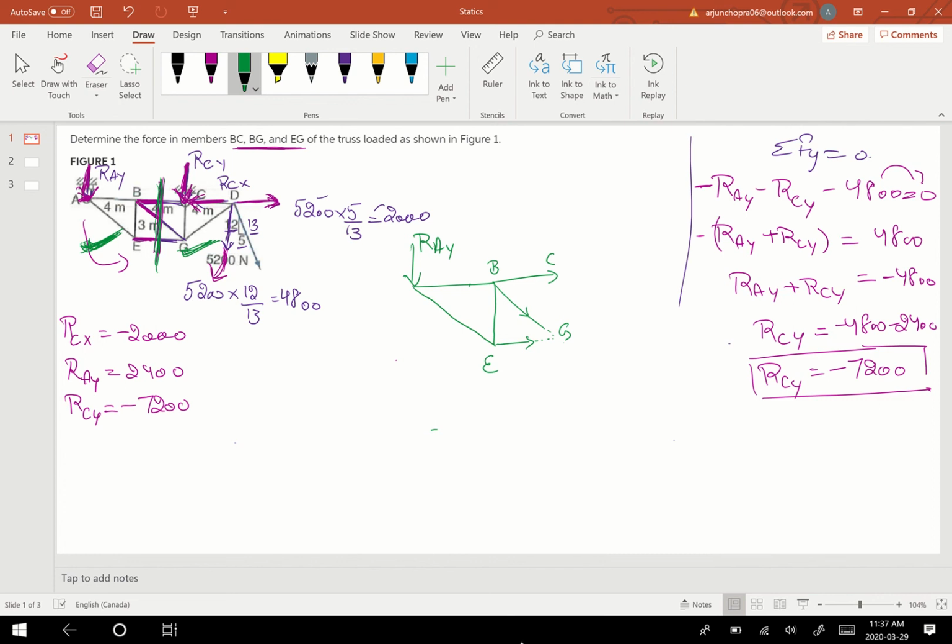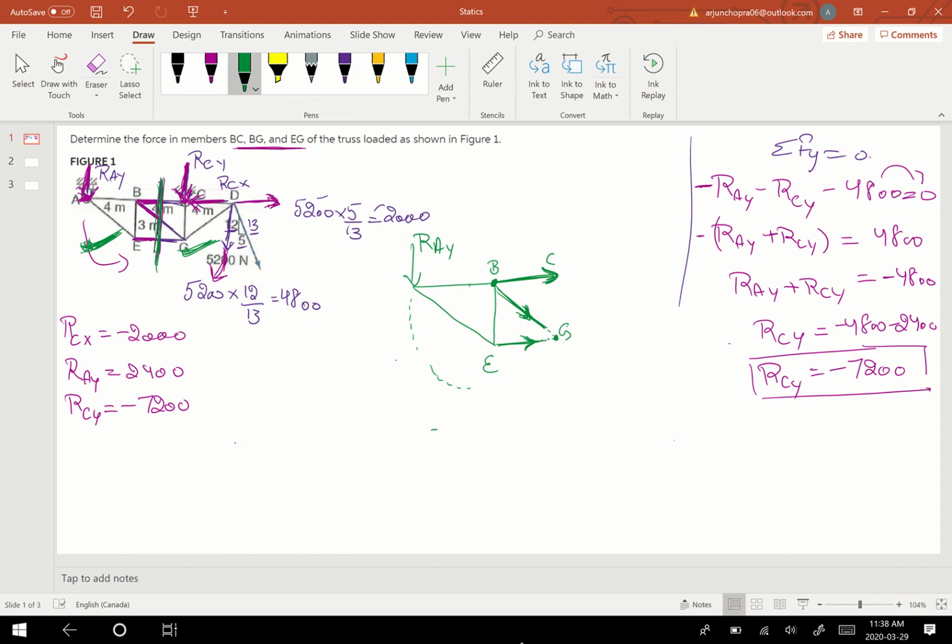So if I take the moment about point G first of all, I can easily find BC, because I don't need to find the load in members BG and EG if I'm taking the moment about point G, because they will nullify, and then I will easily be able to find the force in member BC.